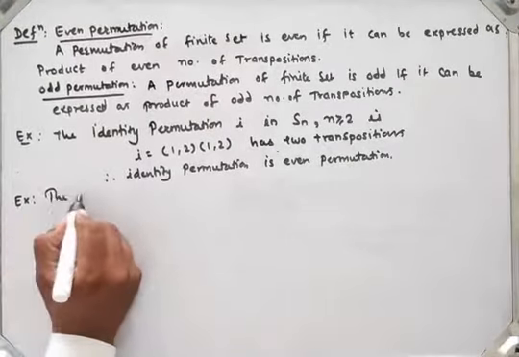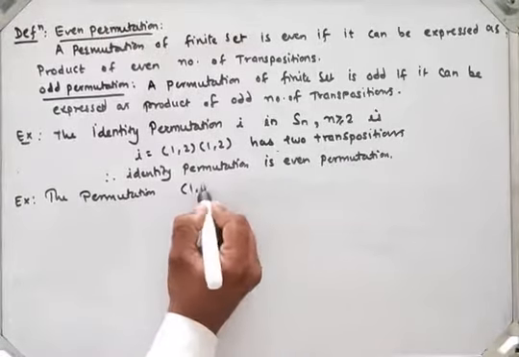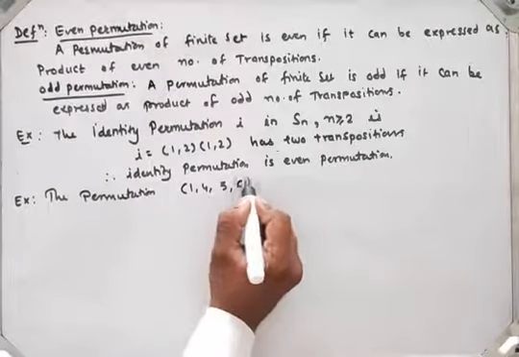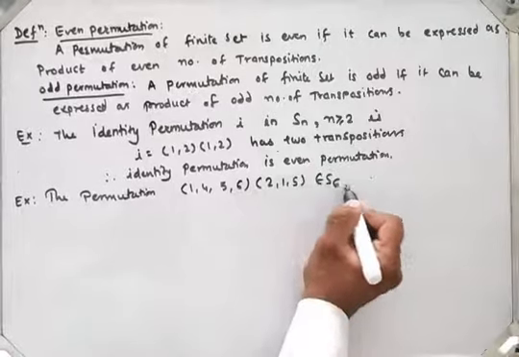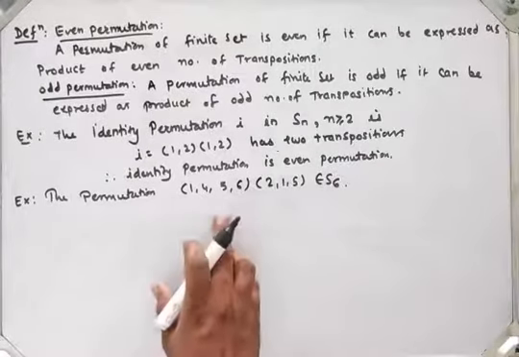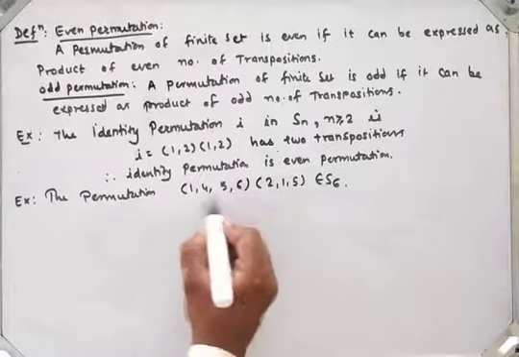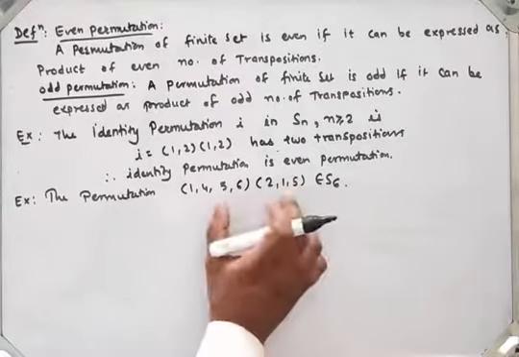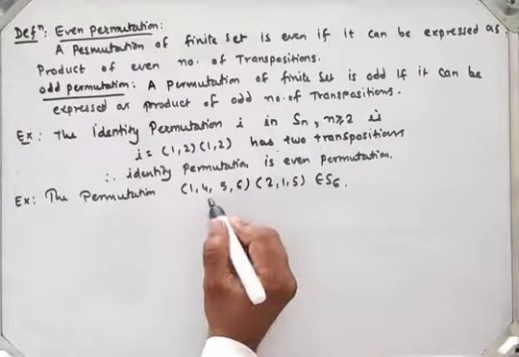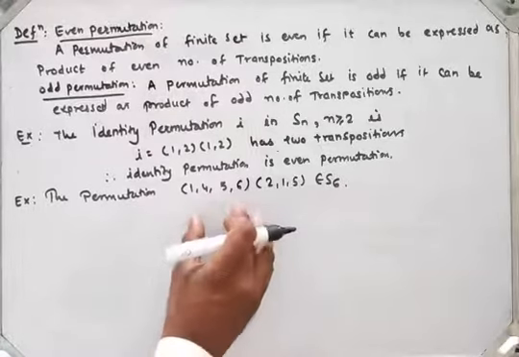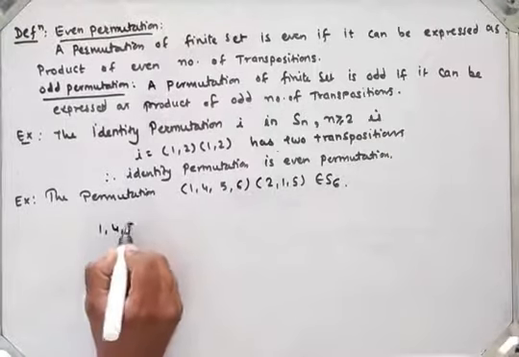Now let's see another example. The permutation (1 4 5 6)(2 1 5) belongs to S6. Let's find out whether this is an even or odd permutation. We know that every cycle can be written as a product of transpositions.